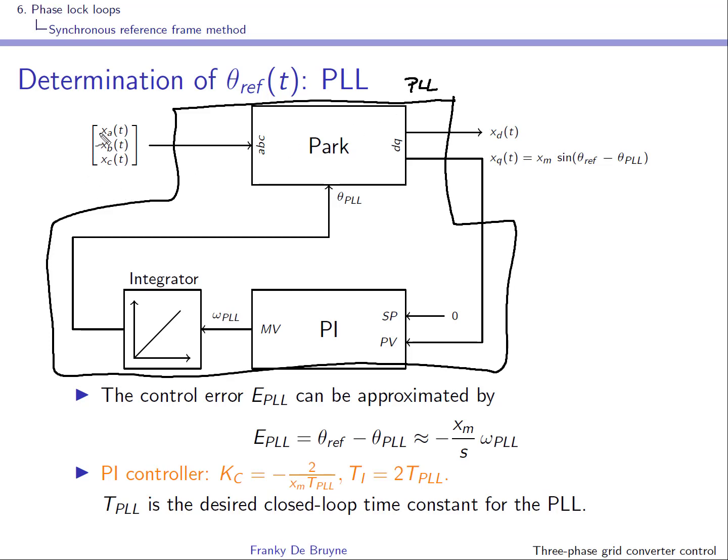My signal at the input will be V grid A, B, C. At the output, what I will have is V grid D, Q. So it's the transformation of my grid voltage from the ABC framework to the DQ framework.